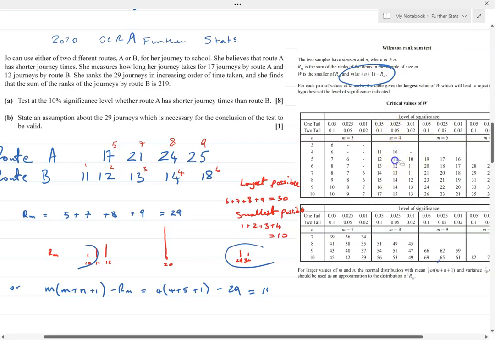But we wouldn't be rejecting it if it were a 1% test, because that would be a value of 10, and the only way we can get 10, in order for it to be significant with this small sample size at a 1% level, we would literally need no overlap between the two groups, all the smaller ones on one set and all the larger ones on the other set.